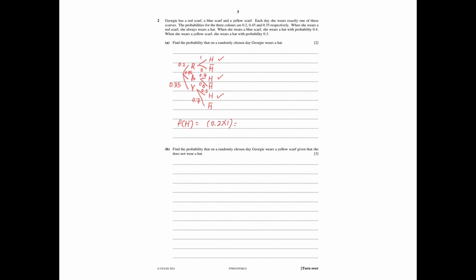Okay, then we add with the third route. The third route, as you can see here, is 0.45 multiply with 0.4. So let us write down 0.45 times 0.4.